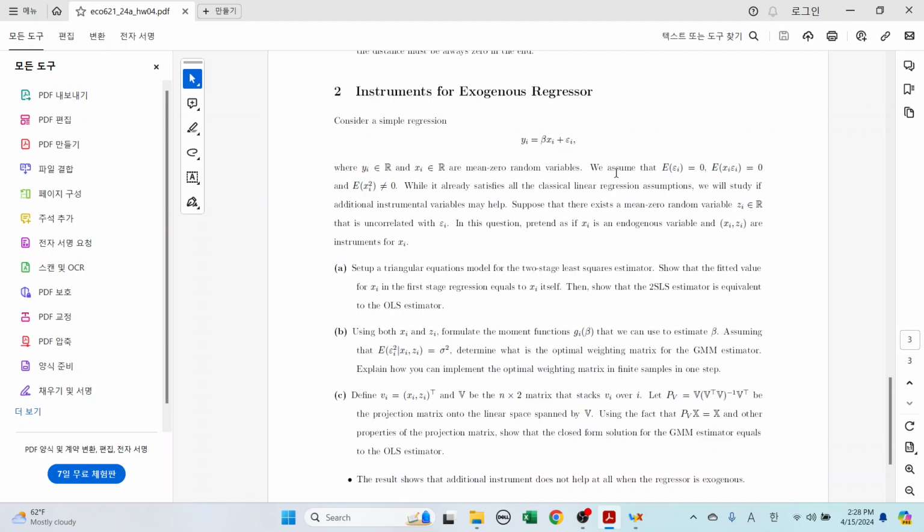If the original regressor is exogenous, the instrument is useless, even if you have a lot of them. So we are going to prove that. As you remember, we learned two different ways to identify or estimate the linear regression with the instrument.